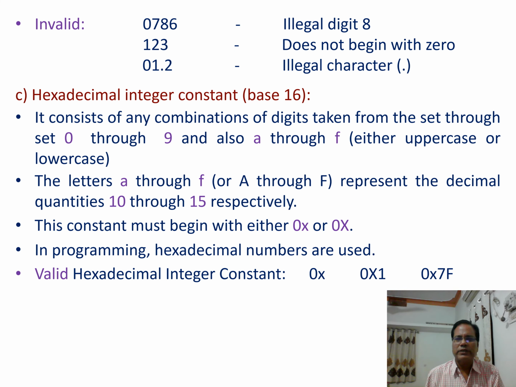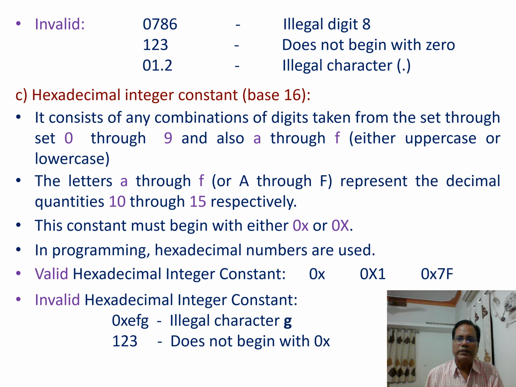Valid hexadecimal integer constants are 0x, 0x1, 0x7f. Invalid hexadecimal integer constant: 0xefg.